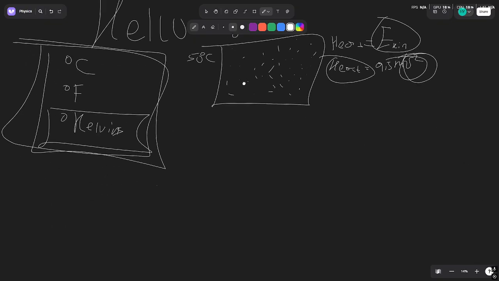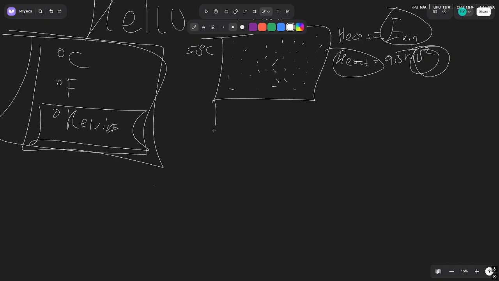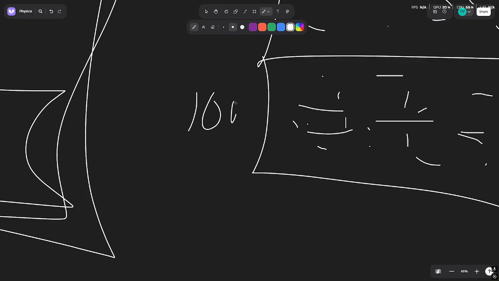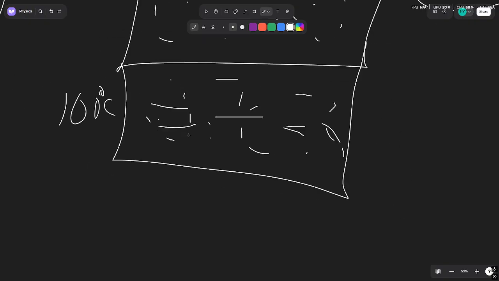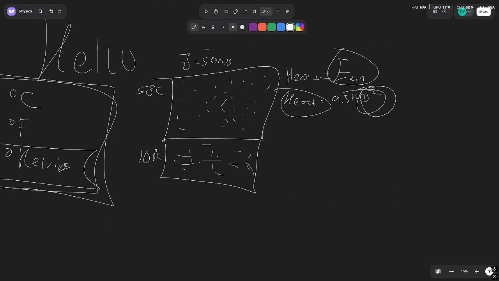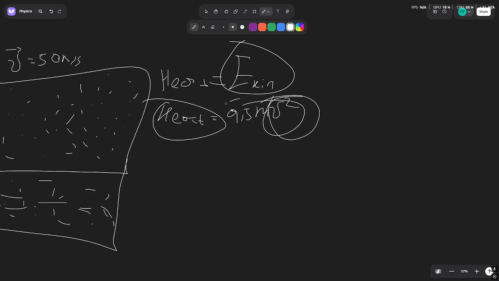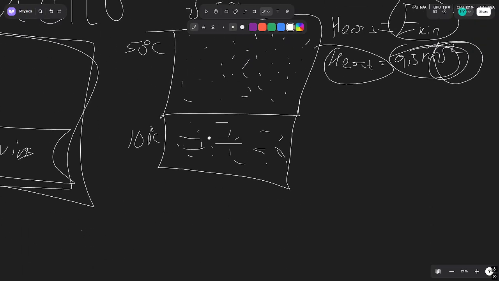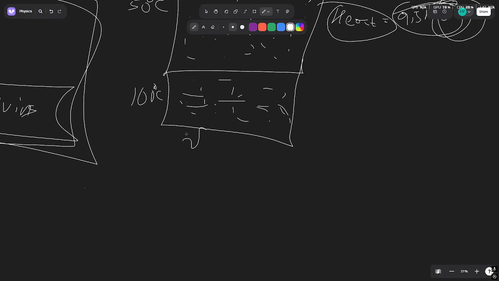But what if we had another body right here, and this body has 100 degrees Celsius? What will be the velocity? Sure, if other parameters stay stable, like the mass, the velocity is gonna be 100 meters per second.